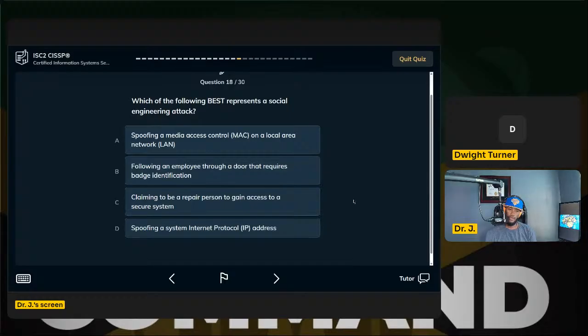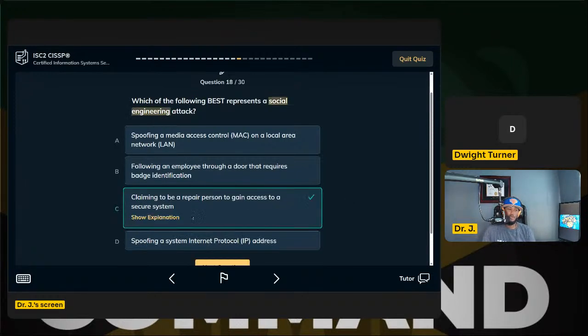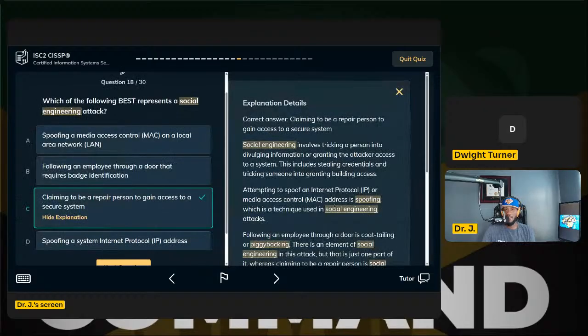Let me check the other: spoofing a system's IP address. No, this is going to be Charlie, social engineering. So you may talk to an employee, tell them, I work for so-and-so company, some fake company, so that way you can gain access and do your dirt.